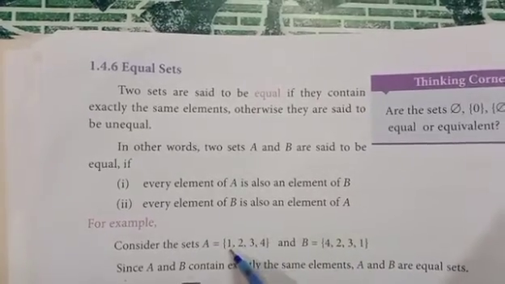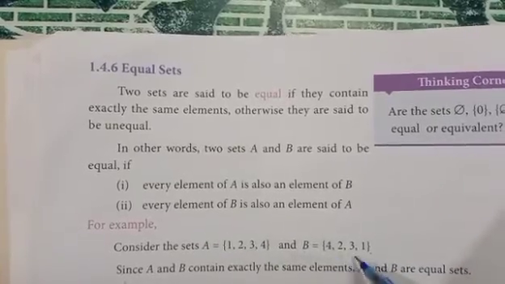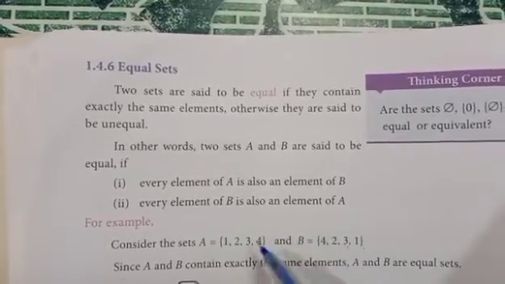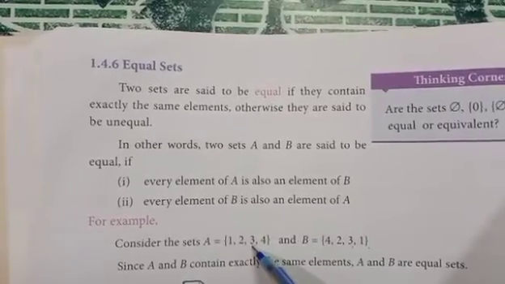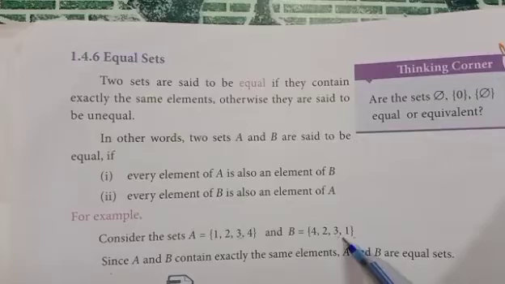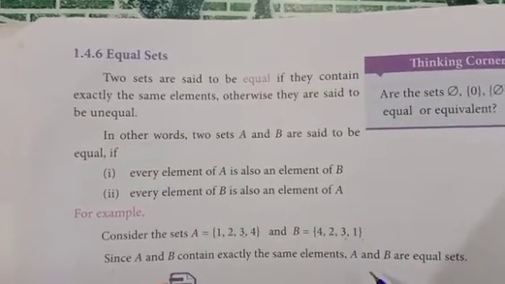Here 1 is there, here also 1. Element 2 is here, here also 2. 3, 3, 4, 4. The elements in set A are the same elements that lie in set B. So these two are equal. Okay, students? Yes.